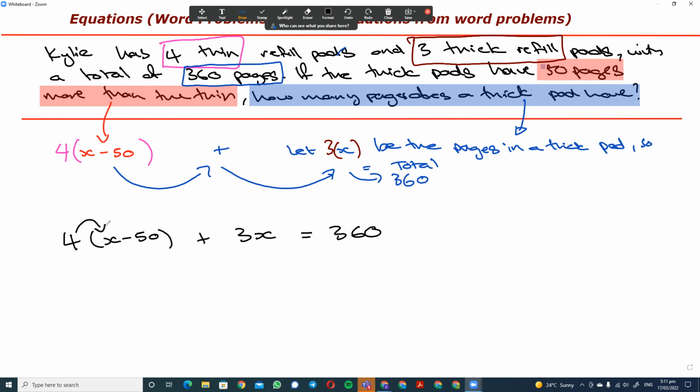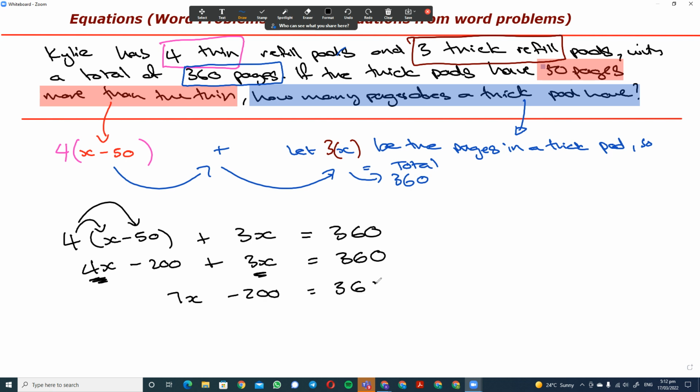Let's multiply this in. So this is going to become 4x minus 4 times 50 is 200 plus 3x equals 360. And I've got like terms here. 4x plus 3x gets me 7x minus 200 equals 360, and now I plus 200 on both sides, so I can cancel this side out, or you can say I'm moving the 200 over, whichever one you want, and you'll end up with 7x, and 360 plus 200 gets you 560, dividing by 7.